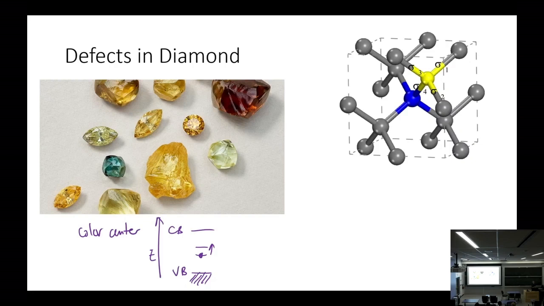So the main defect that we think about when we think about defects in diamond and quantum information is shown here. So this is the NV center. And I'm not going to spend a lot of time talking about it today, but I'll just lay a little bit of the foundation. So as drawn here, this blue atom is the nitrogen.